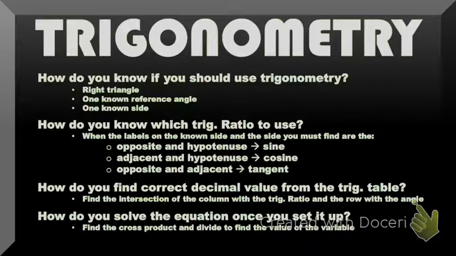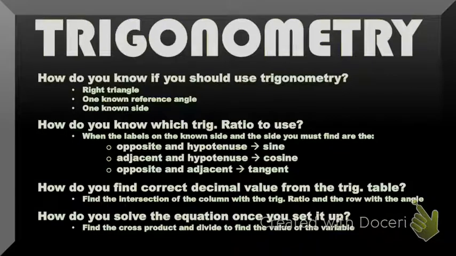How do you know which trig ratios to use? When the labels on the known side and the side that you must find are the opposite and hypotenuse, you will always use sine. If they're the adjacent and hypotenuse, you will always use cosine. And if they're the opposite and adjacent, you will always use tangent.